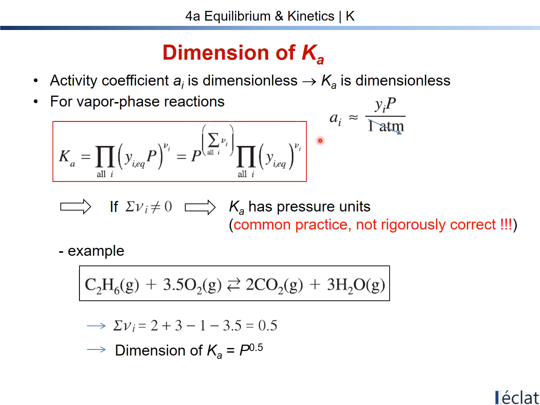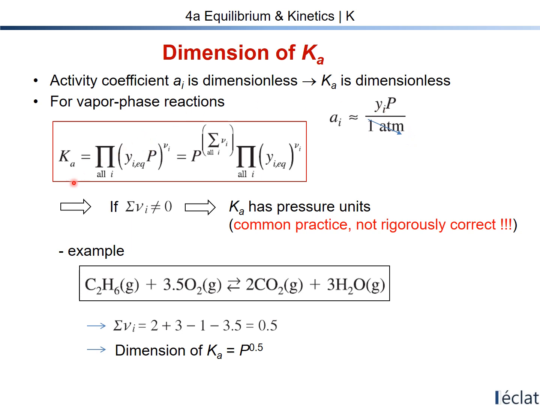I have said the activity of species I in the vapor phase is approximated by the partial pressure per 1 atm. But practically, we forget the use of this 1 atm. Practically, we will ignore the 1 atm. It means the activity of species I has some pressure unit.